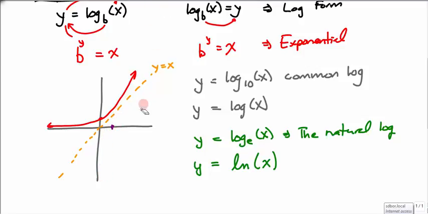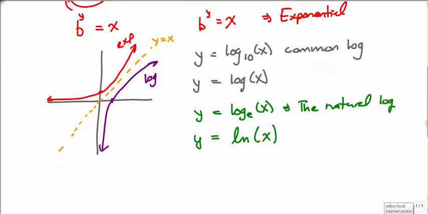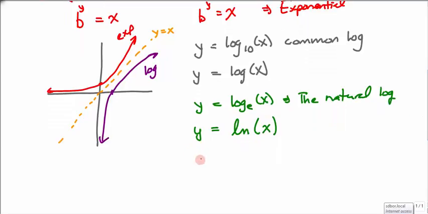Sketch that in a little better. And so you can see that they are reflections across this line. So this is your exponential graph up here, and this is your log graph down here. Now remember, they're inverses of each other. So logs and exponentials are inverses.